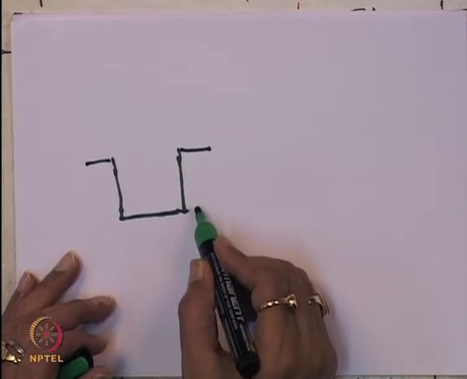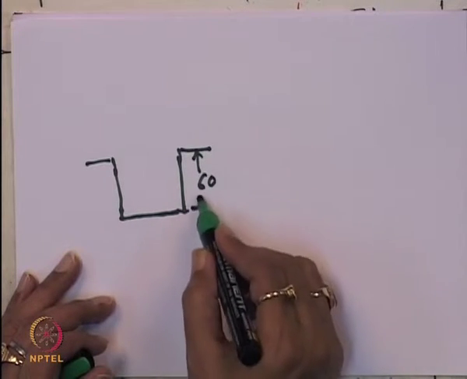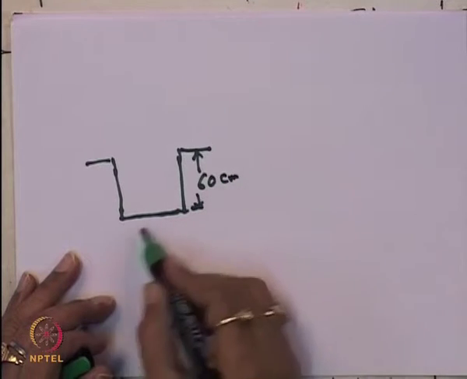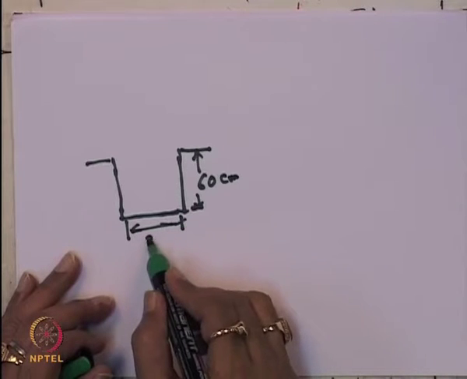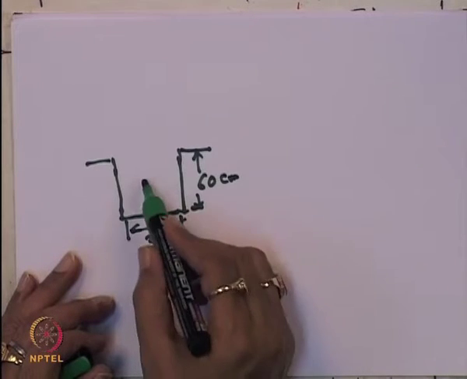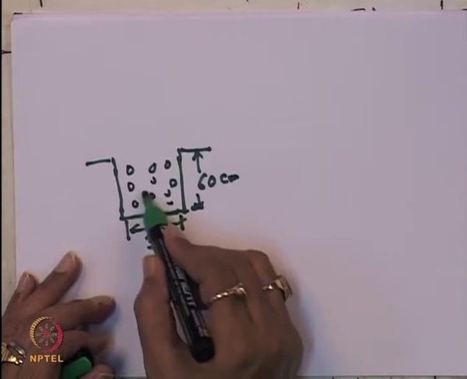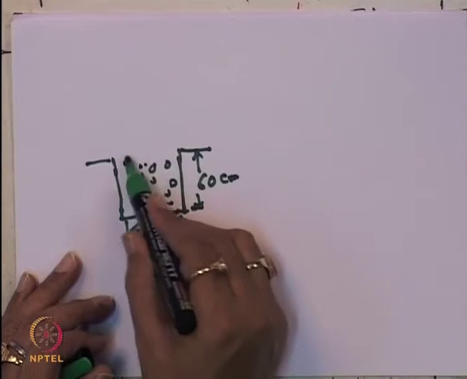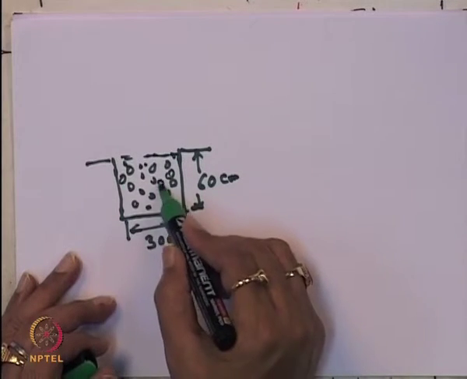In the conventional method, suppose it is 60 centimeter and 30 centimeter, and then we fill it with good quality aggregate.